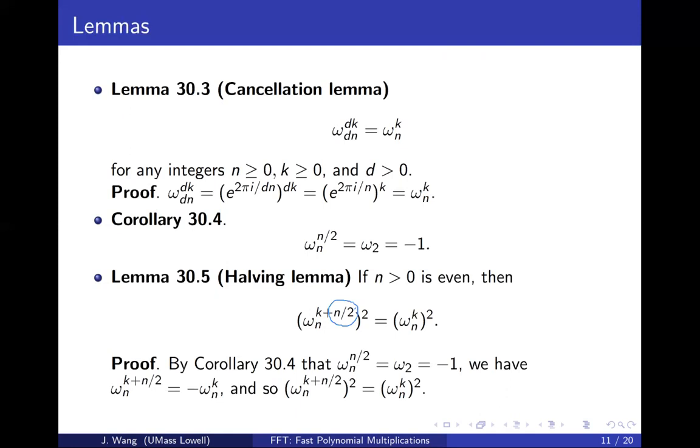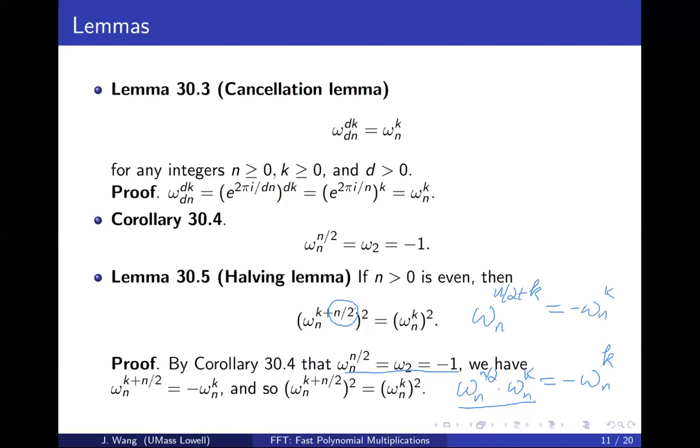So from here, we got omega n to the n over 2 times omega n to the k is equal to minus omega n to the k. So this then becomes omega n to the n over 2 plus k is that.